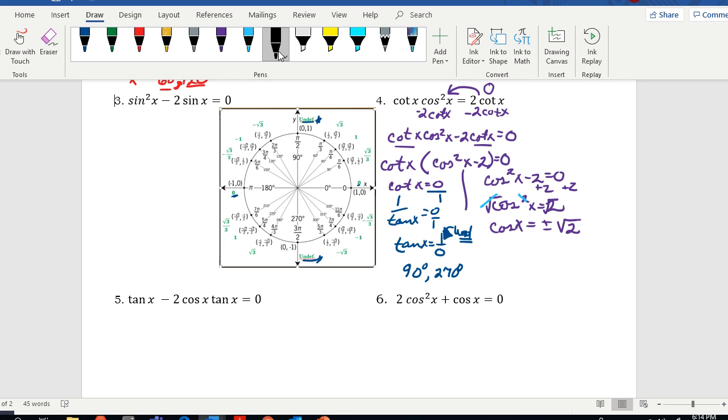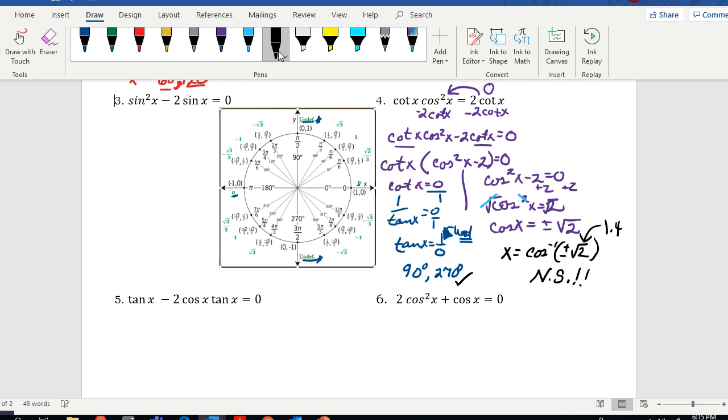So is it the end of the world if you get something that doesn't come up on your chart? No, it's not. So I did x equals cosine inverse of plus or minus root 2, but I found out that this is 1.4, which is no answer, no solution.